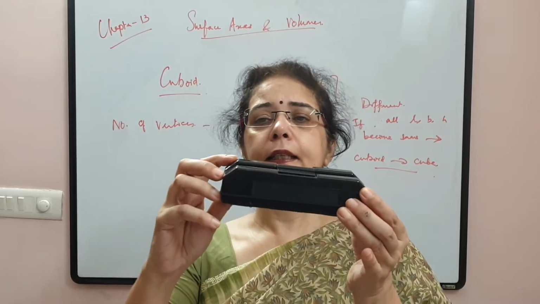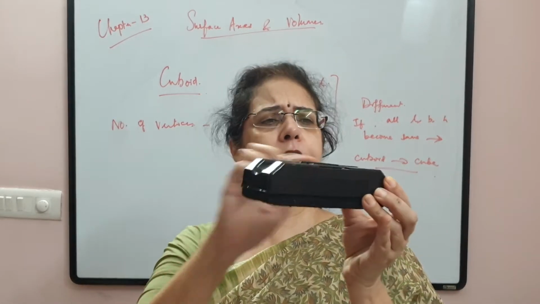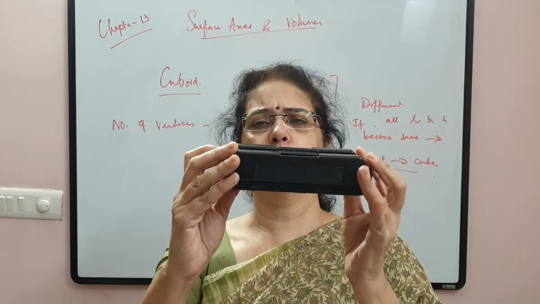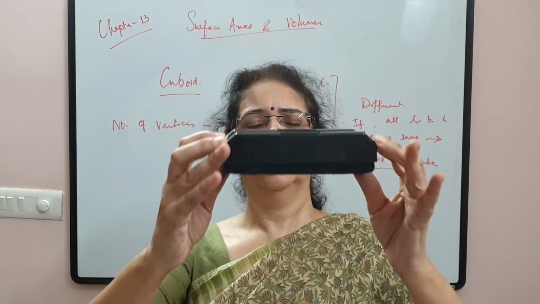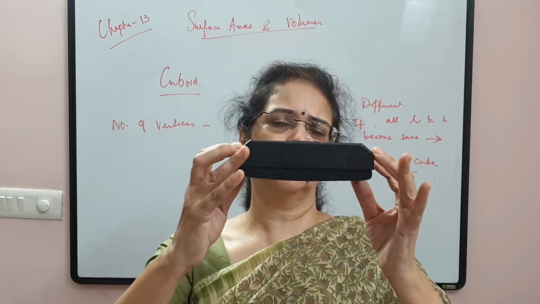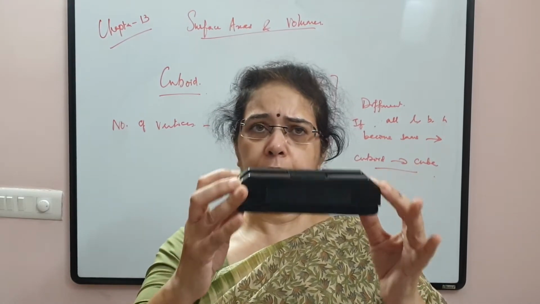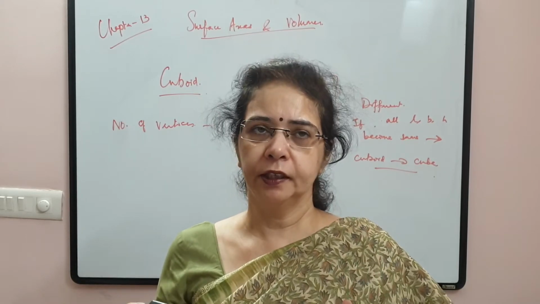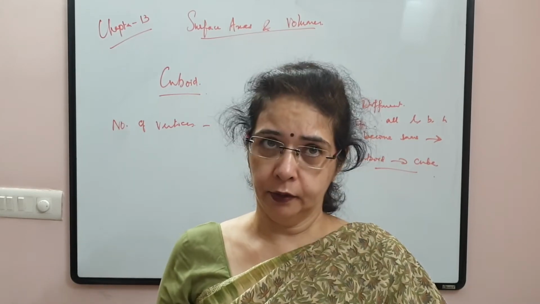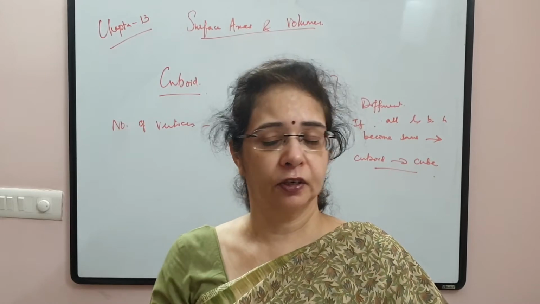Let us take this as the cuboid. Now what is the number of vertices this cuboid has? Let me first tell you what vertices are. Vertices are the points where the edges meet.